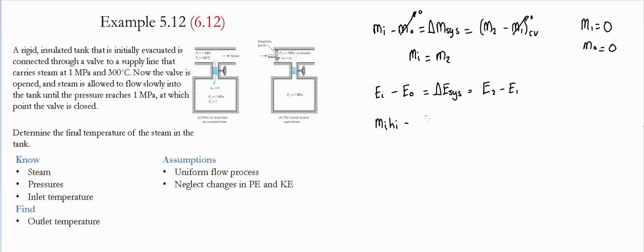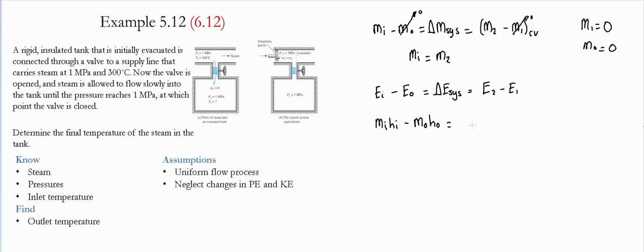The amount of energy leaving is the mass leaving and the enthalpy leaving. And the energy at the beginning and at the end of the process is an addition of potential energy, kinetic energy, and internal energy. However, in this process, we're going to neglect the change in kinetic and potential energy.